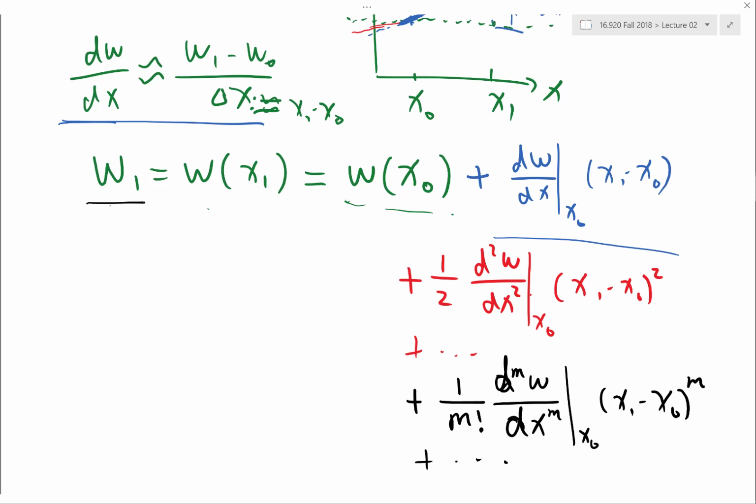And what does it mean by converges? I mean, what does it mean by the infinite series converge? Series convergence means no matter how accurate you want it, you can always have a finite number of terms.